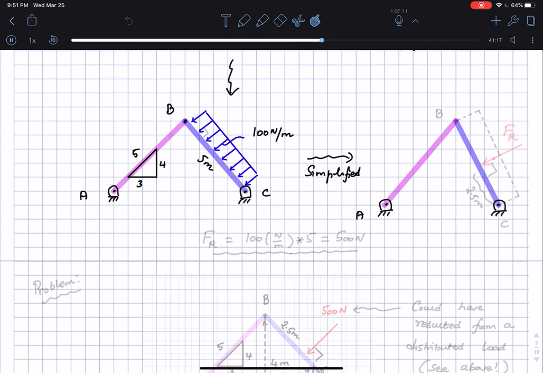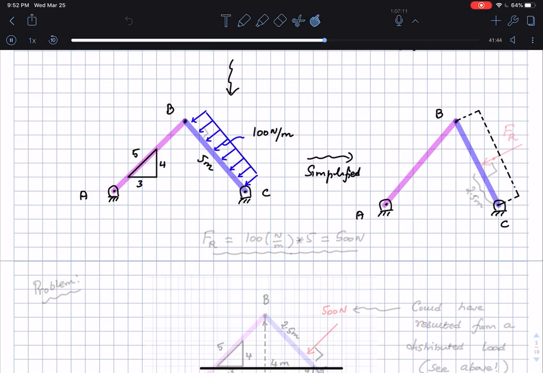This is going to be A, this is the pin at B, and this is at C. And rather than have this distributed loading, which I'm going to draw in a dotted line, I have this here, I have that there, and I'm going to join them by this line here and draw it as a dotted line.